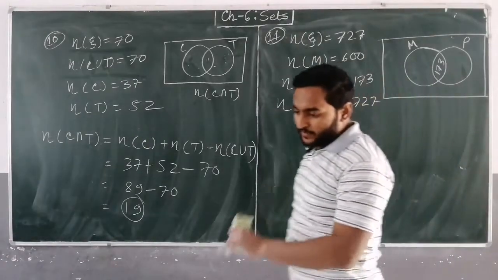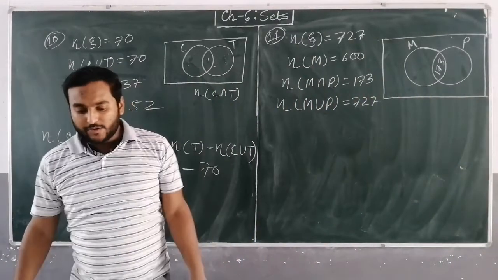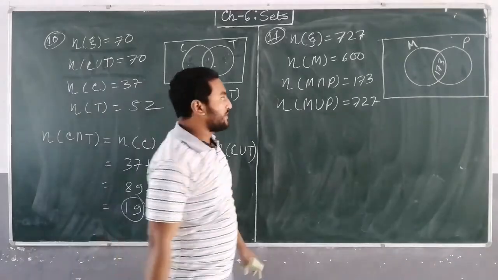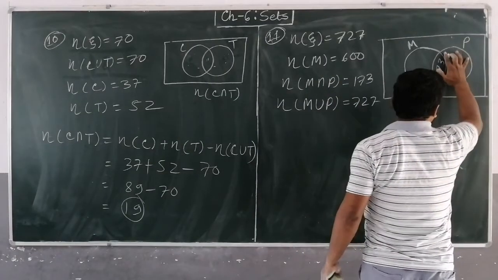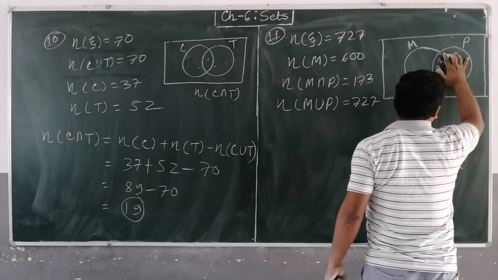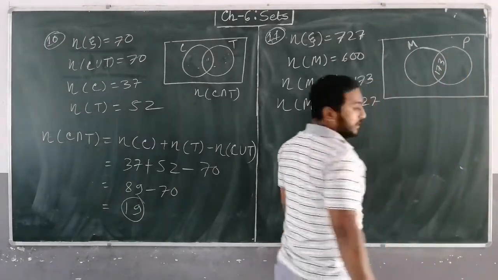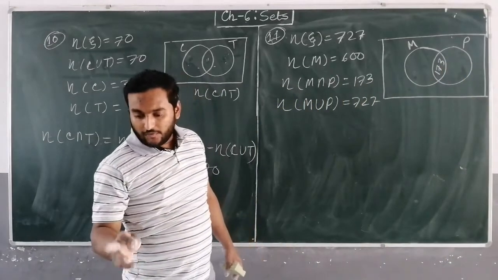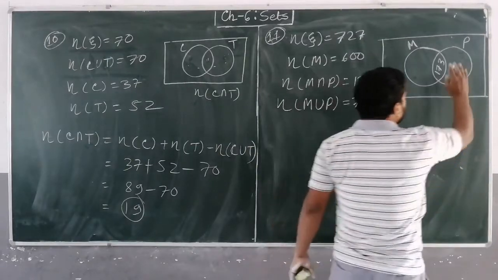So what do you have to find? You have to find the number of students who offered physics. Physics means this total set P. And physics only means this part only.